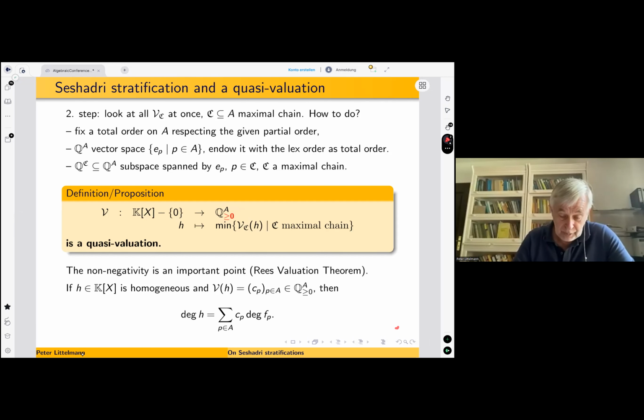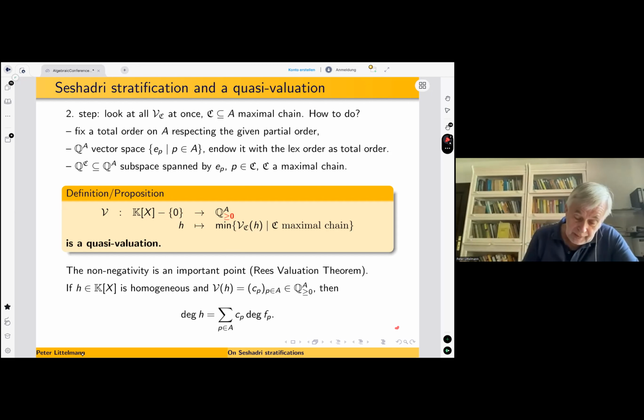When you look at Newton-Okounkov theory, you usually have one flag, and then you always add as an extra point the degree of the homogeneous function. So you never consider just the valuation of your function, but you add also the degree of the function. And this is something we do not need here because somehow the degree is hidden in the result.